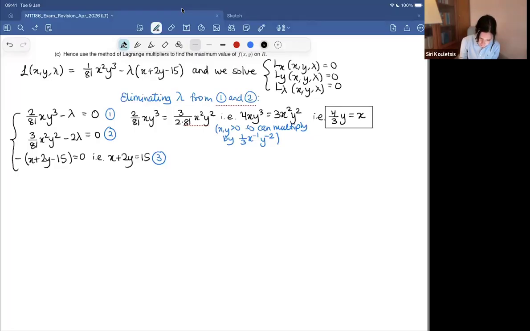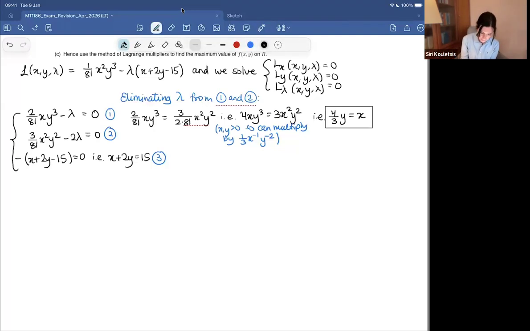Of course, it doesn't matter here how we express this, but this is a relationship between x and y that I was talking about, that we can now substitute into equation 3, so that equation 3 becomes an equation in one variable only. And since I expressed it here with x, and we have x in the third equation, it's convenient to make equation 3 an equation in y only, the way that I did it here. But of course, you are free to do it differently.